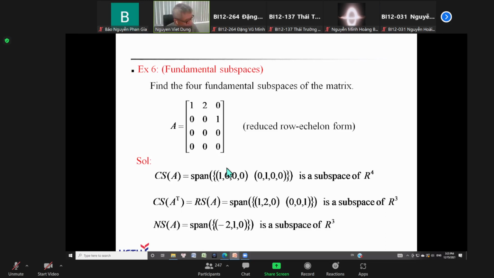I will not repeat how you can solve it, but the null space of A is the solution space of the homogeneous system of equations given by the matrix A. In this case, the null space of A has a basis consisting of only one vector, minus 2, 1, 0.